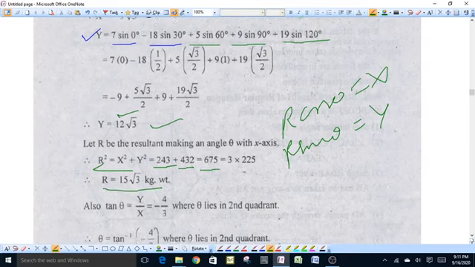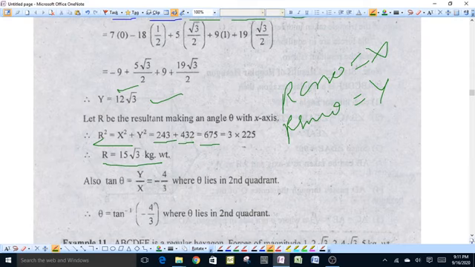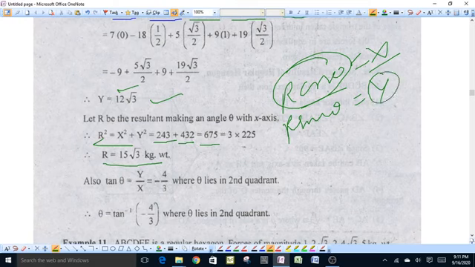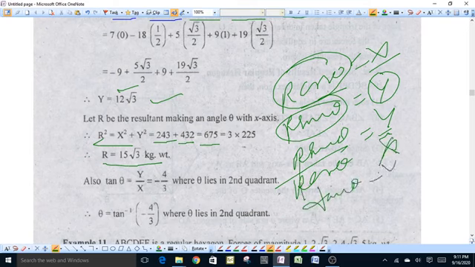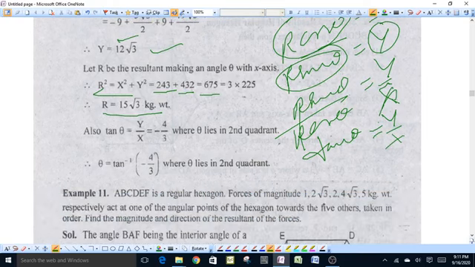If we divide Y by X, then we get, because x component is equal to R cos theta and y is equal to R sin theta, R sin theta upon R cos theta will be equal to Y upon X. This means tan theta is equal to Y upon X. From this relation, theta comes out to be tan inverse minus 4 upon 3.